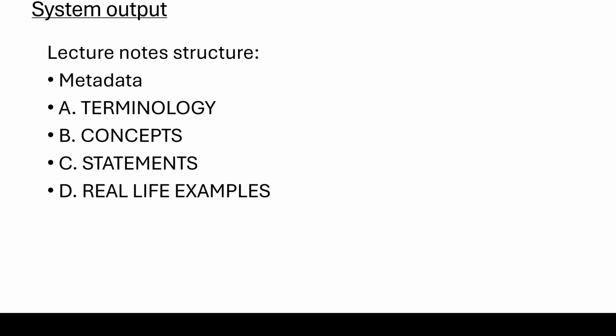The terminology section forms the foundation of the lecture notes, ensuring that the readers are familiar with the terms before delving into more complex discussions. And these terms are selected based on their relevance and frequency in the lecture. And they are defined in a manner that aligns with academic and industry standards.